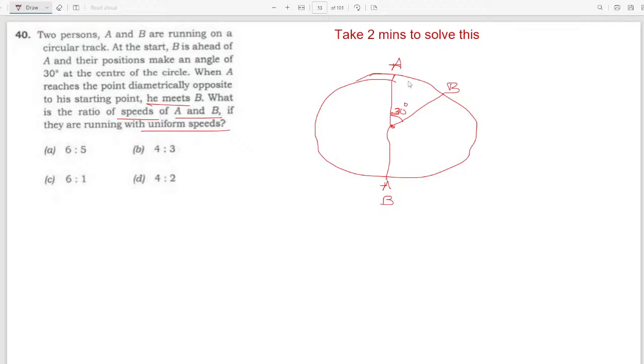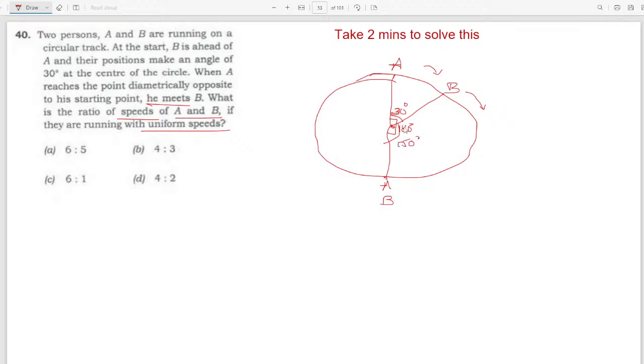So now they have started moving after this position. B is ahead. B moves like this, A also moves like this, and they meet at this point that is diametrically opposite to the starting point of person A. This angle is 180 degrees, and this angle is 180 minus 30, that is 150.